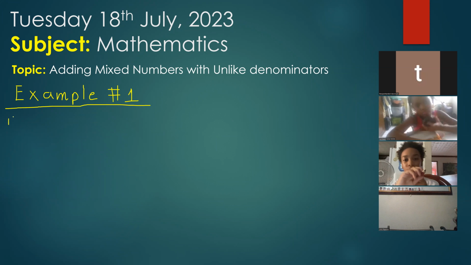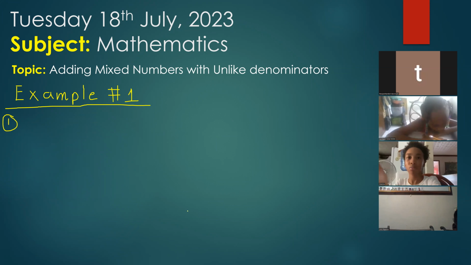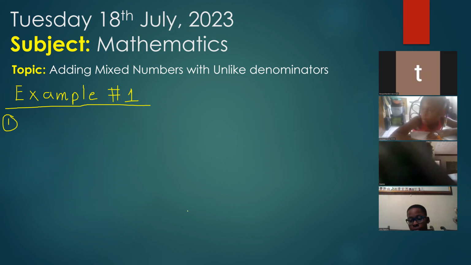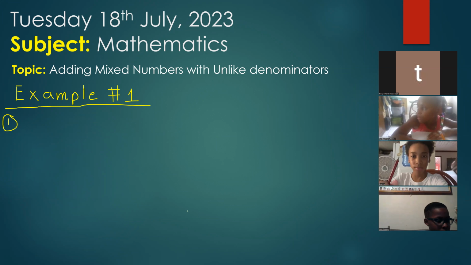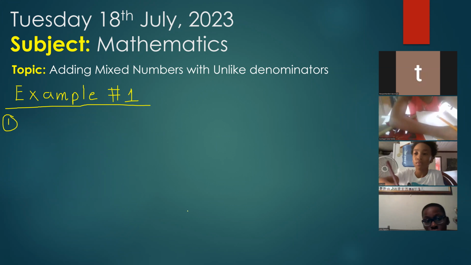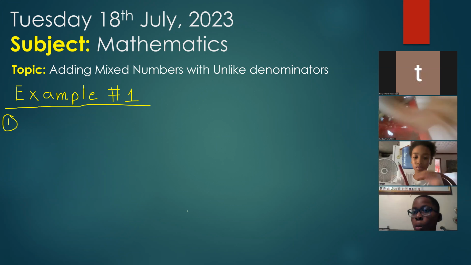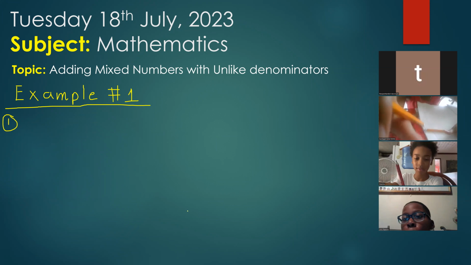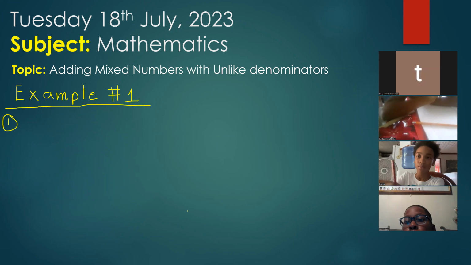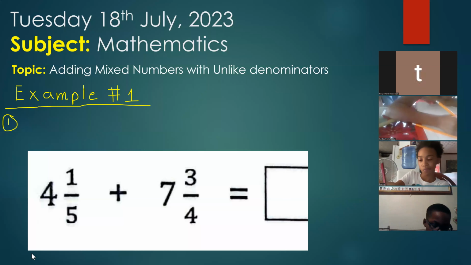All right, good. So let's say, for example, that this is our first example, which is 4, wait, y'all can't see that. 4 and 1/5.